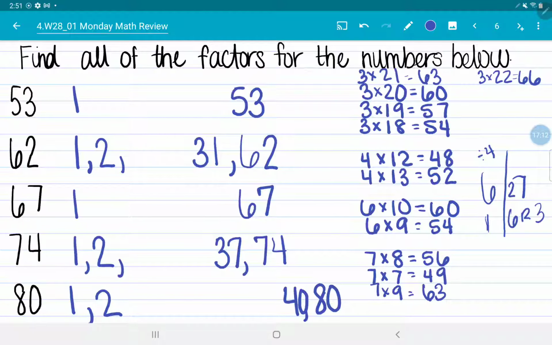Is 3 going to be a factor of 80? No. I can't divide 80 into 3 equal groups. I can quickly test by doing 80 divided by 3. I'd have 2 left over. Closest I could get was 3 times 26 is 78, so I'd have a remainder of 2.